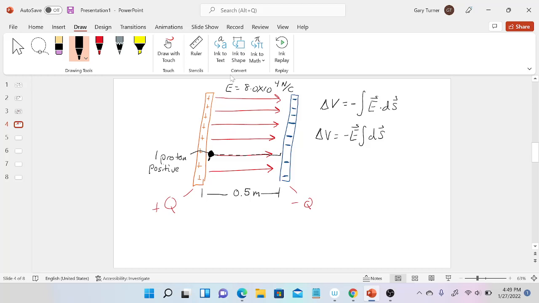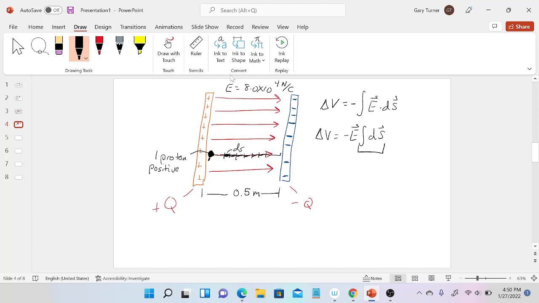And so the integral of ds, right? ds is going to be a sliver of this, and when I integrate all my ds's, I approach the total length of the field.